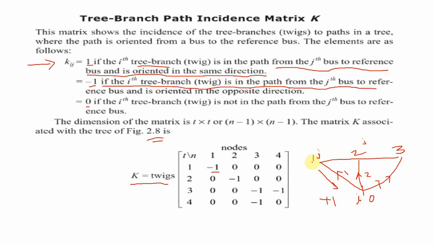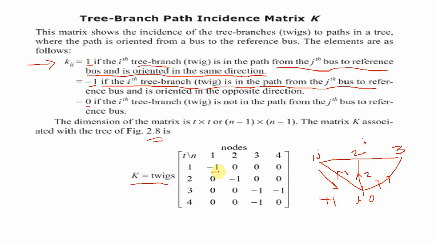So while writing down the matrix for this tree branch path incidence matrix, we should look from the jth node to the reference node. If the direction is from the jth node to the reference node, then it is positive, but if it is opposite, then it is minus 1.